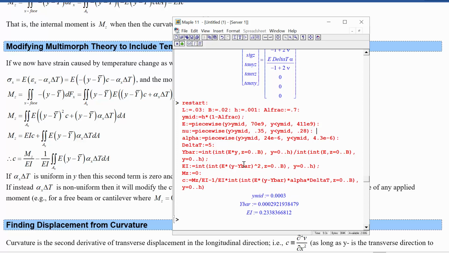And because alpha is not uniform, we expect a non-zero curvature here.